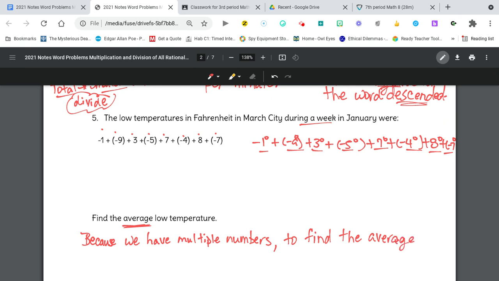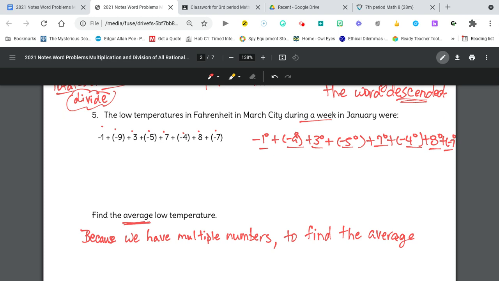We're going to find your average. Well, when you have multiple numbers to find the average, all you do is just add the numbers and then divide by the total number of numbers you have.